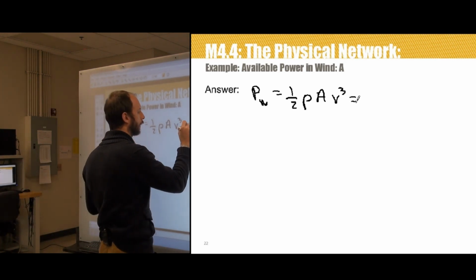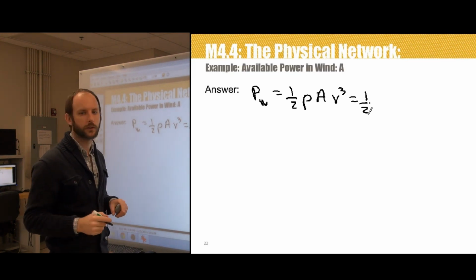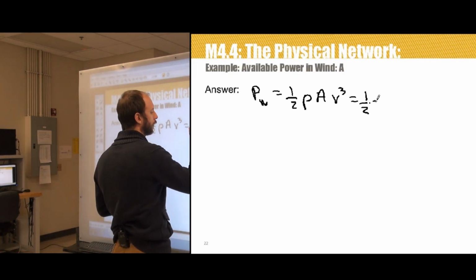So that is 1/2 times the air density, which we were told is 1.225 kilograms per cubic meter.